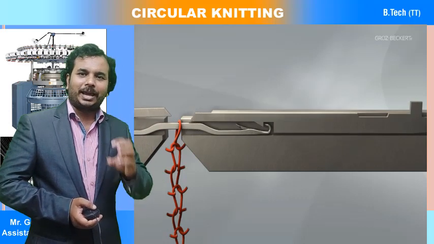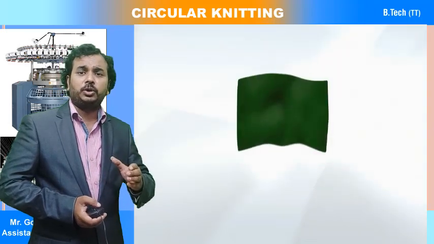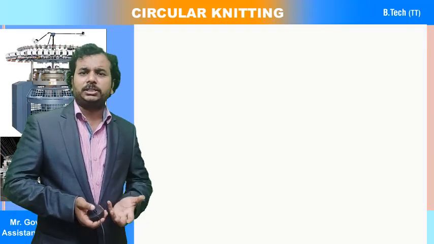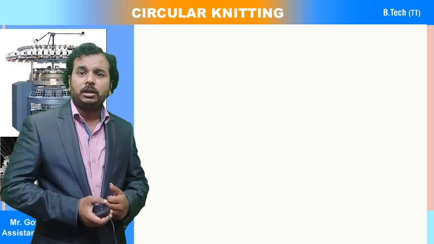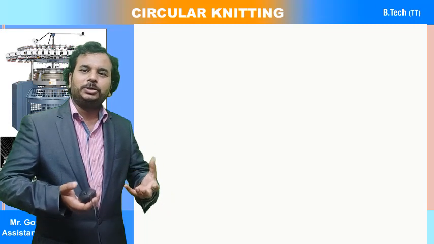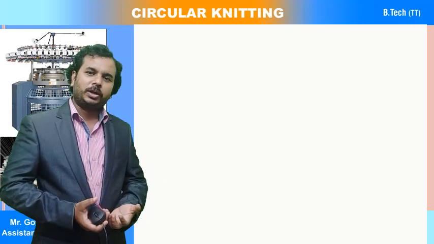So now there is a slider usage. By using the slider we are going to manufacture the pearl kind of structure. If you want to produce single jersey, then only one slider will work in one particular cylinder, so you can produce single jersey, where all the face loops are on one side.